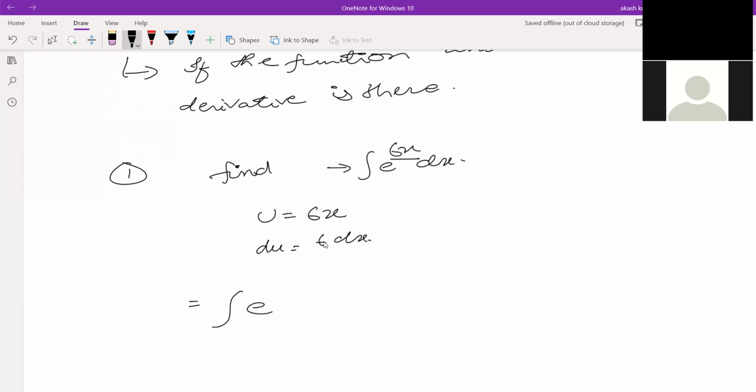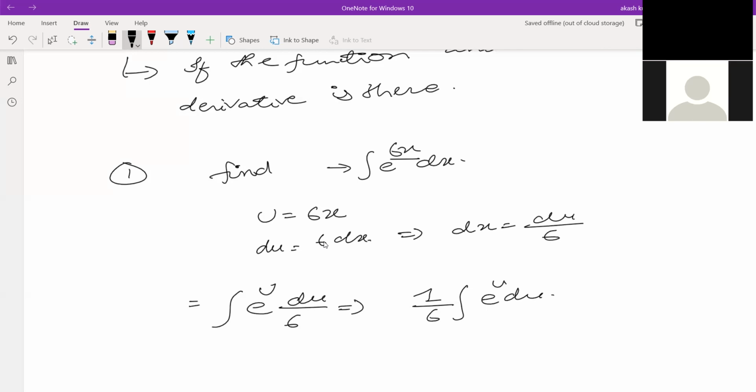Okay, I'm coming back to your question again. Can I use u as 6x? So dx is du over 6. Instead of dx, I write du over 6, and taking 1 over 6 common because it is constant, inside is left e^u du.